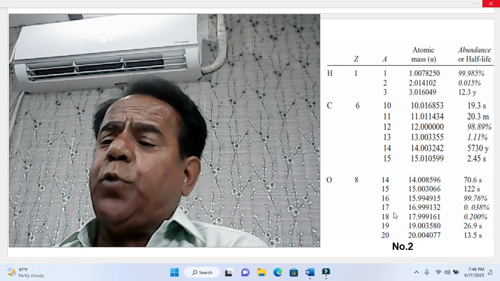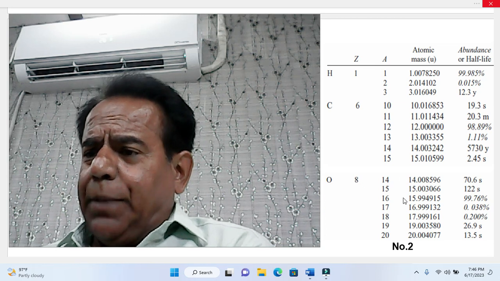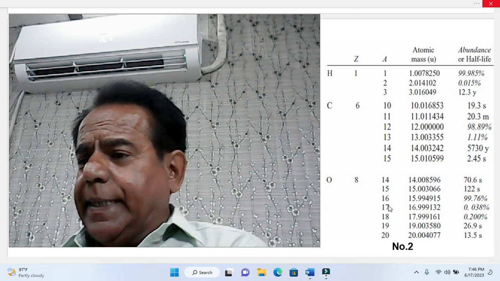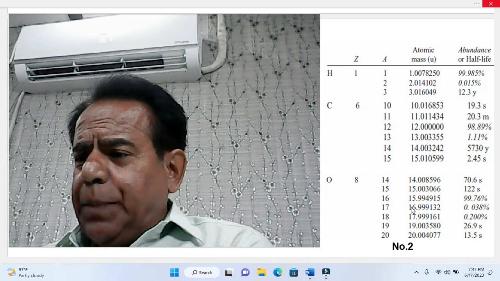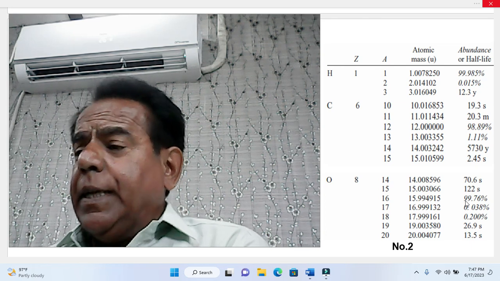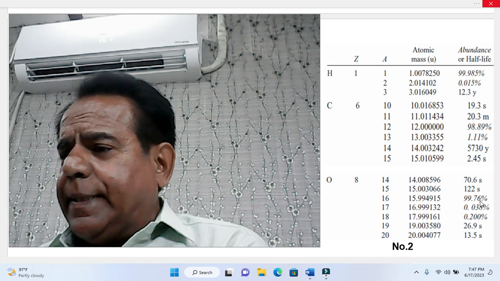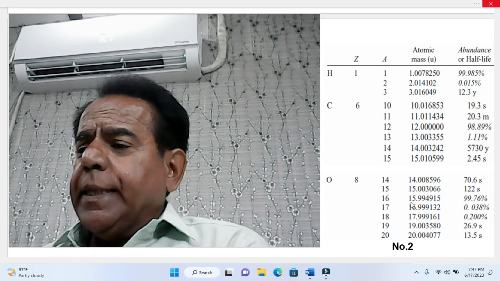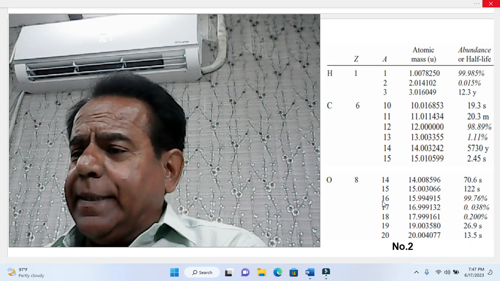Similarly, in case of oxygen, whose atomic number is 8 and mass number is 16, in the place of 15.994915, 99.76% abundance is given. So this value, that is 15.99, will be rounded as 16.